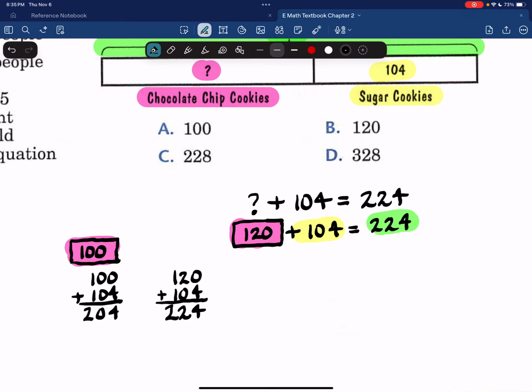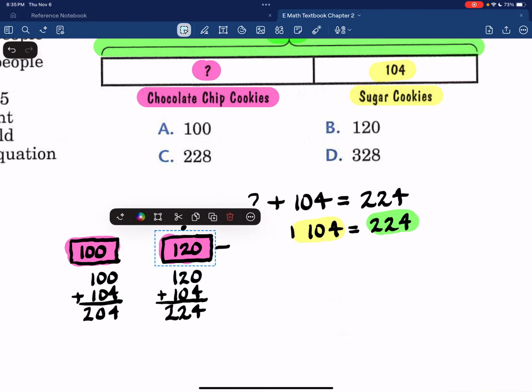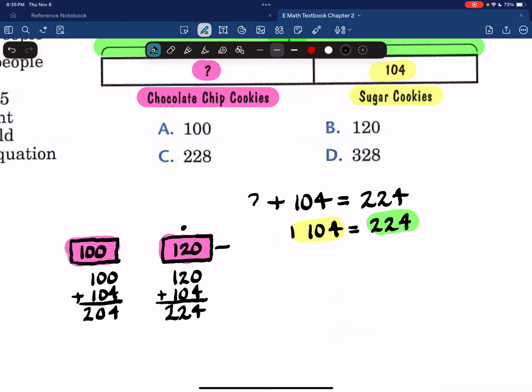That's the one that works. I'm going to go ahead and move it down here because I want to show you the others, but we know that's our answer. And I'm not doing very well with the cutting and pasting, but bear with me here. So we know this is it. We can go ahead and say that it's 120 right here. But let's try the others just so you get some practice doing this.